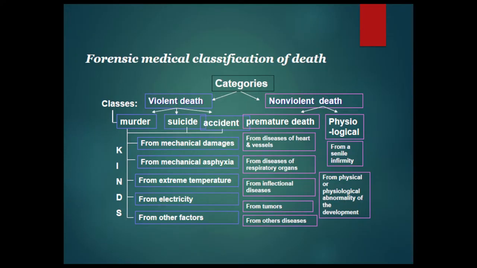But if the baby is delivered, the baby is born, this baby is not ready yet to survive at the new environmental conditions. This cause of death is equal to class of premature death.